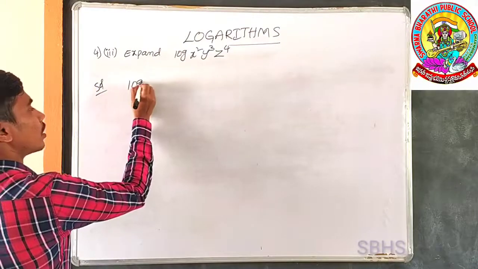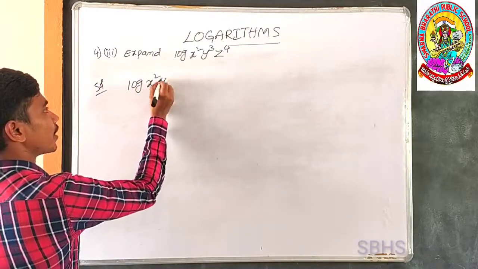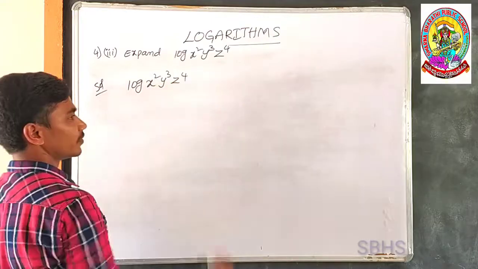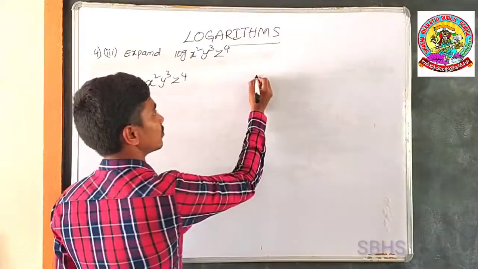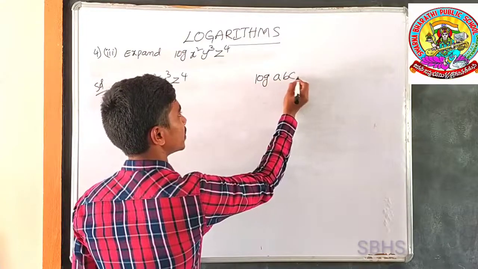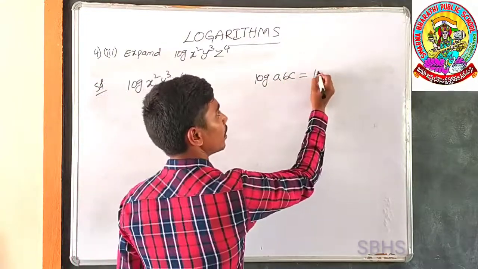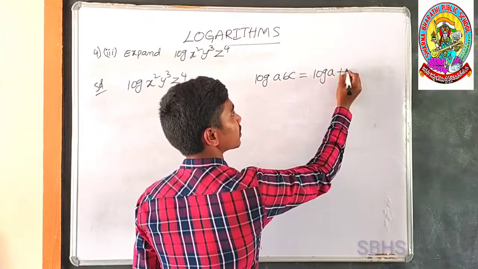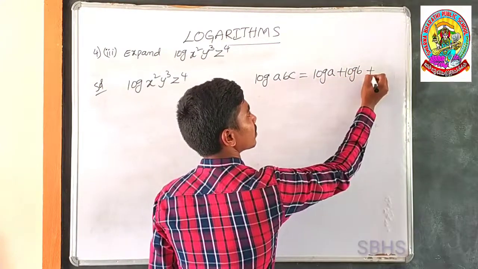Solution. Log x square y cube z power 4 is the given one. It is in the form of log a b c, which is equals to log a plus log b plus log c.